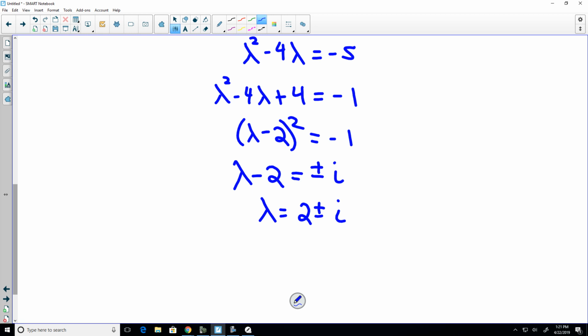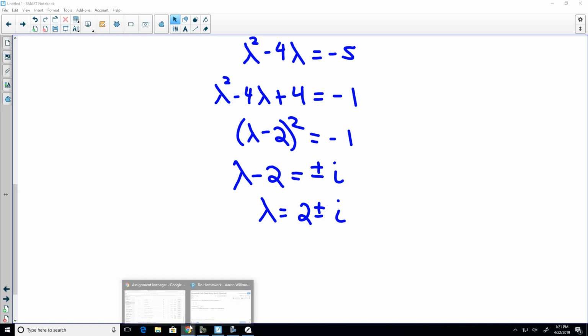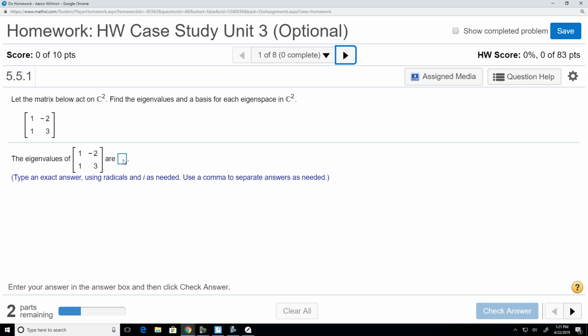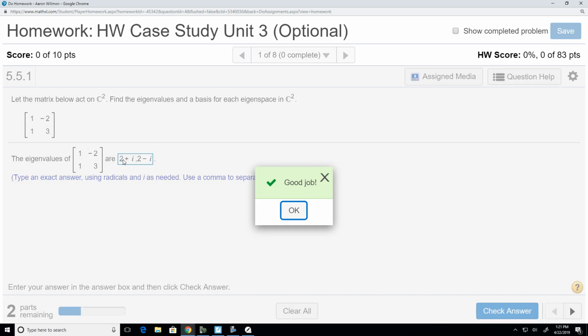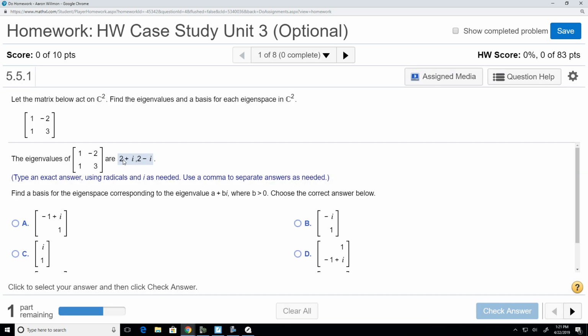One is 2 plus i, the other is 2 minus i. So they're complex. Let's see what MyLab thinks. They say good job.